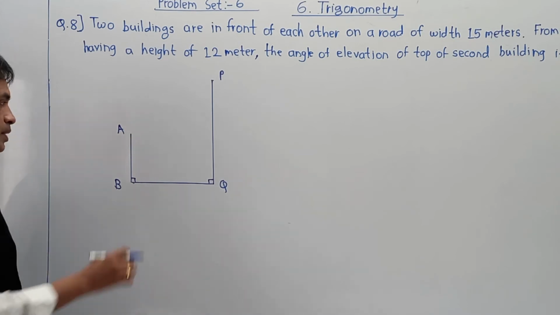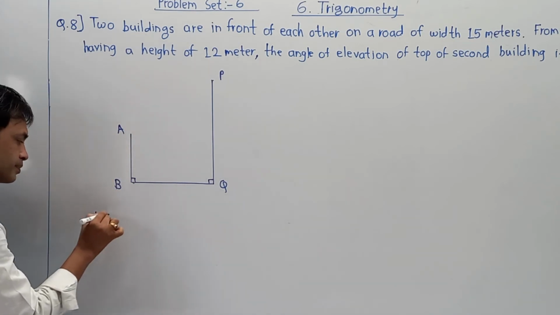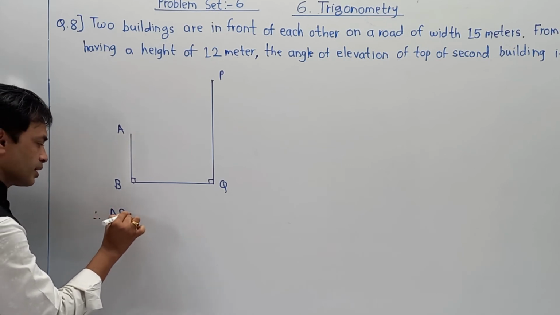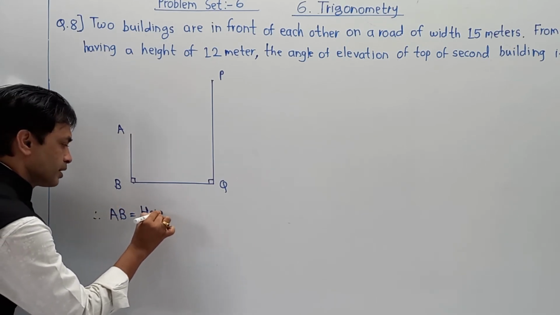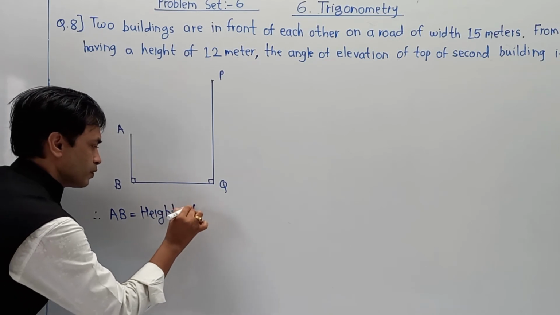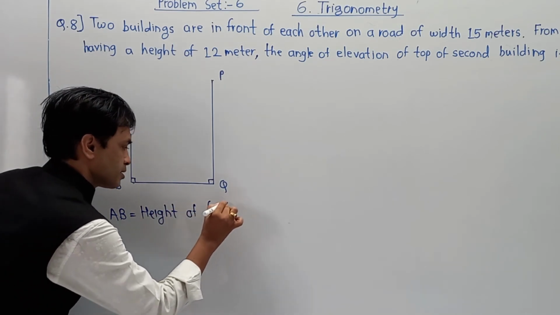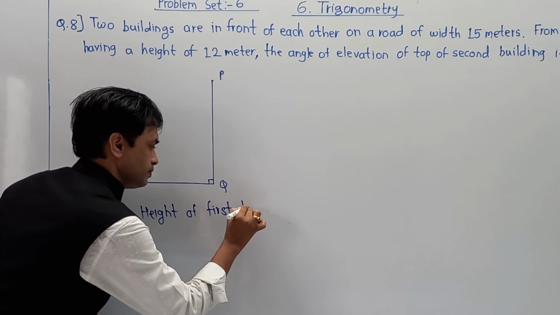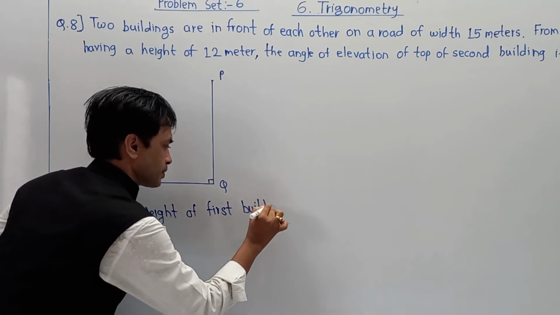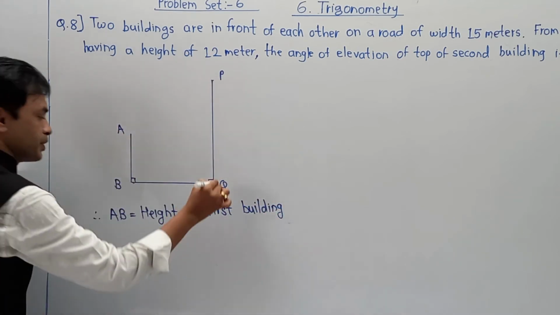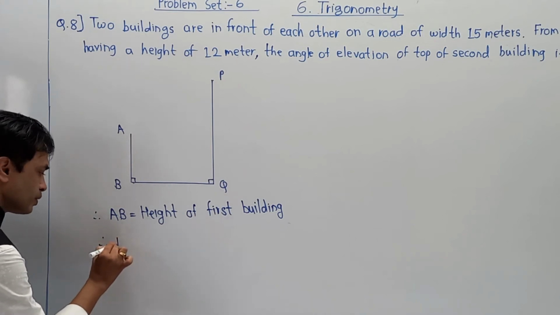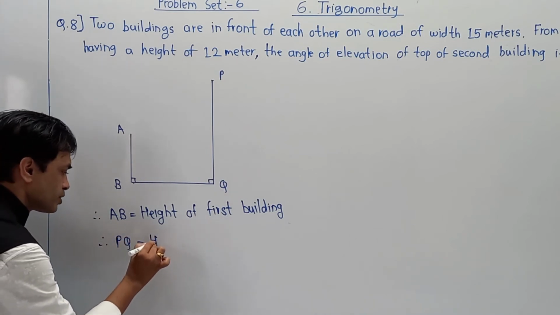So the declaration: AB is the height of the first building, PQ is the height of the second building.